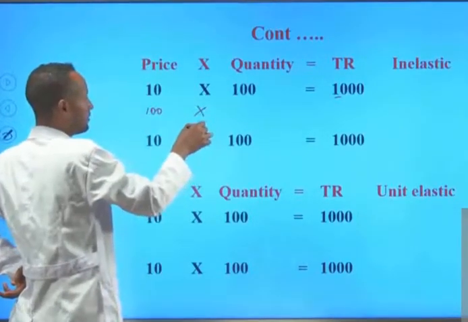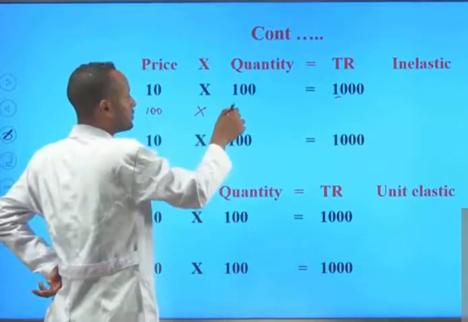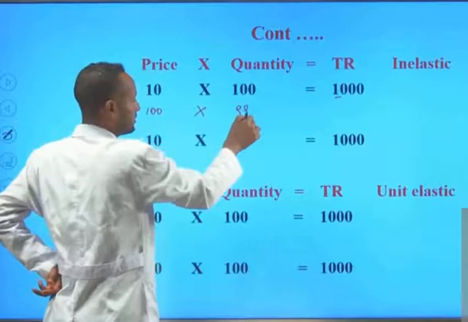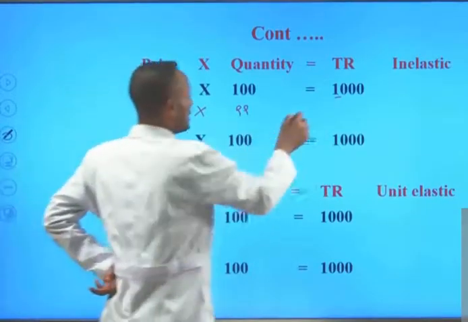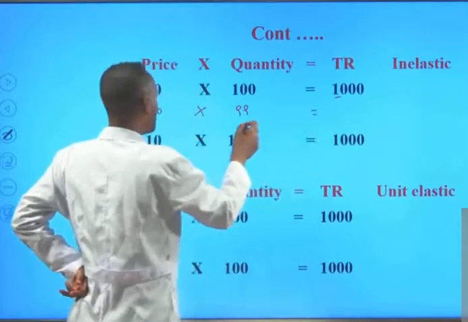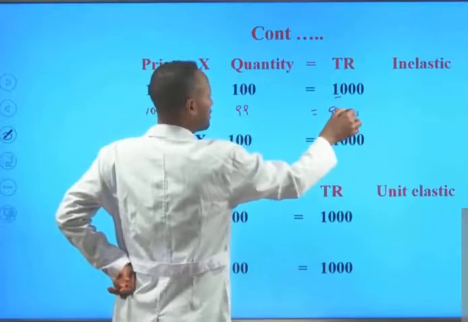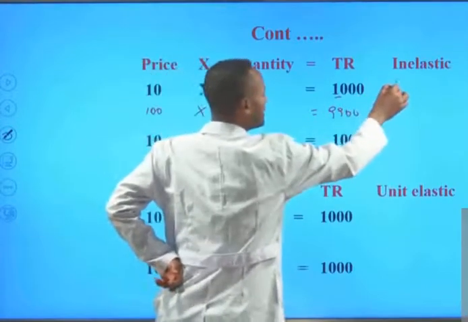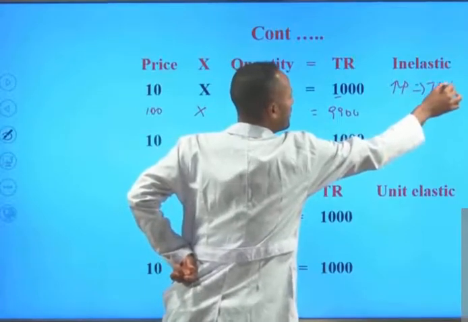Here, if the buyer is inelastic, the decline in quantity demanded is too small. Let's say the buyer buys only 99 kilograms, and then the total revenue will be 99 multiplied by 100, which is 9900. So if the buyer is inelastic, with an increase in price of a commodity, then total revenue of the firm will also increase.